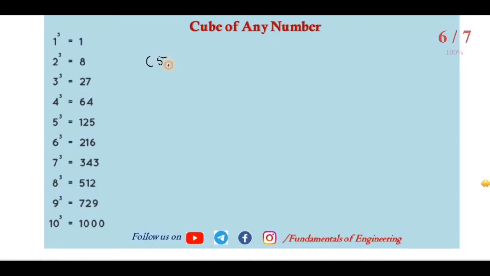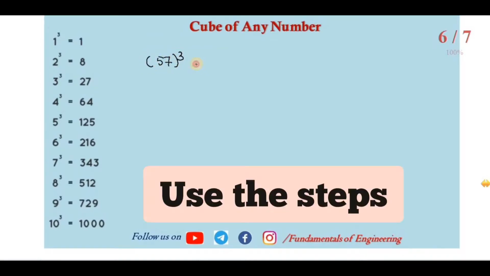So we'll take another example to find out the cube. 3 steps. First number's cube we have to take. 5 cube we have written here, 125. Then whatever the second number, we have to take its cube. So 7 cube is 343. Right.